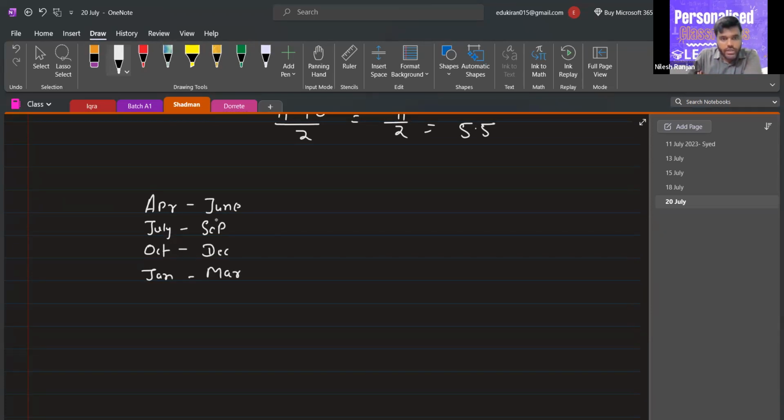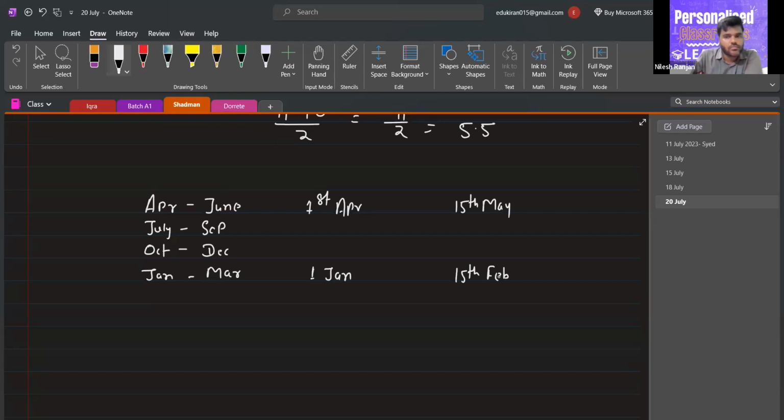Now, if it is in the beginning of every quarter, then 1st April will be our first drawing, and the last drawing will be 1st January. And if it is in the middle, then it will be 15th of May, and here it will be 15th Feb.